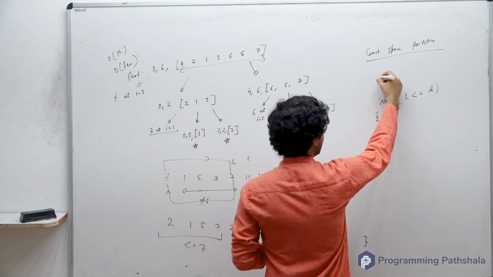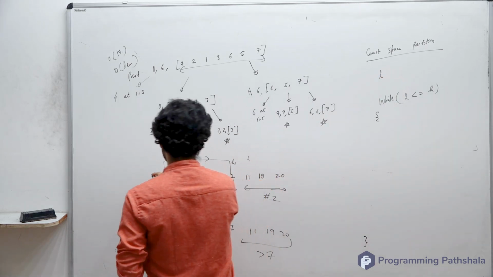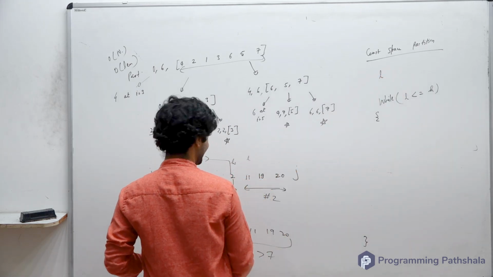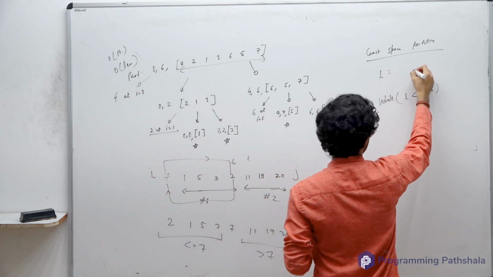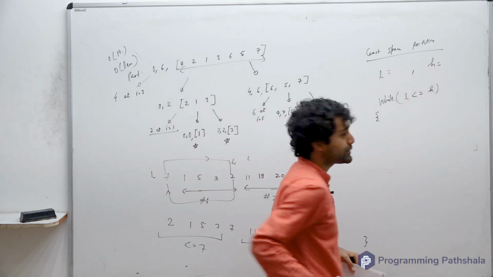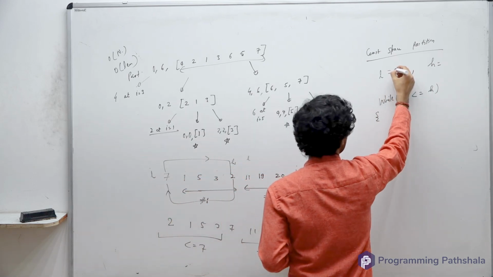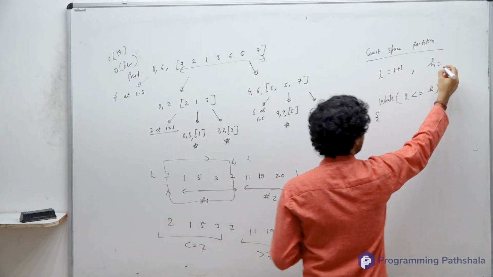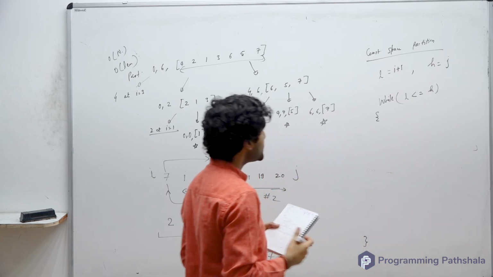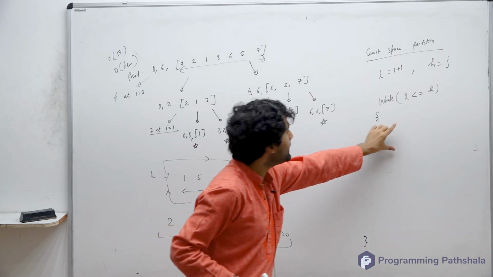But before that, I would initialize, let's say the zone was from I to J. Can you tell me what will be the value of L and what will be the value of H? It will be I plus 1. Okay, it is from I to J, right? So it will be I plus 1 and it will be J only. Now what will come over here?